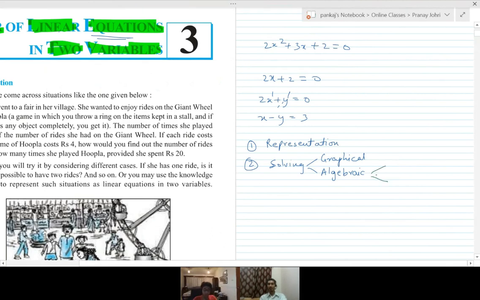In this further we'll be having three methods: substitution, elimination, and cross multiplication.